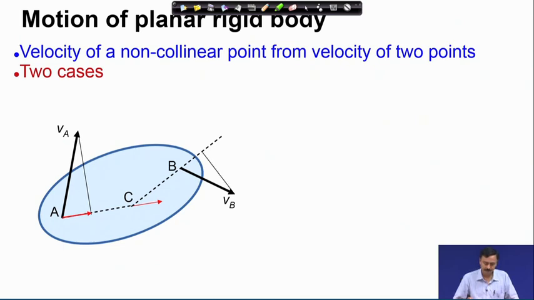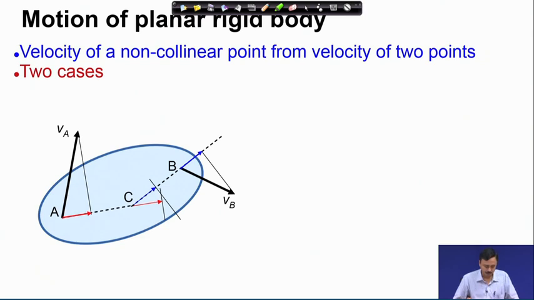Similarly, velocity of point B projected along BC is the blue vector, which I transfer to C again. Again I claim that the velocity of point C must be such that its projection along CB must be this blue vector. So, how do I determine the velocity of point C?